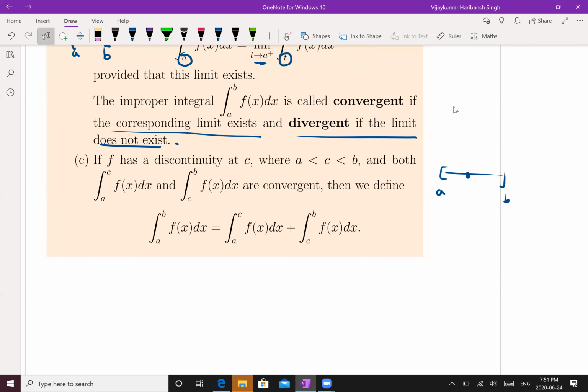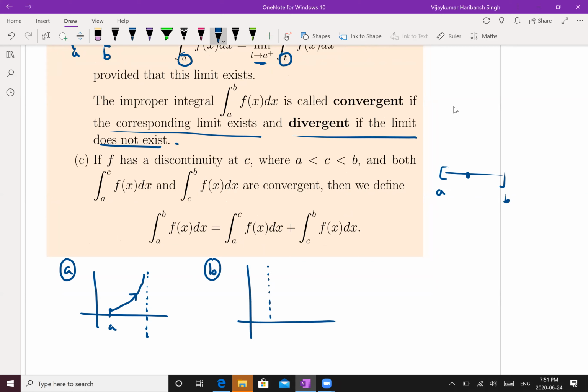So for the first scenario, you have the integral from a to b, and you have an asymptote like that. For scenario B, we have a discontinuity of this form. There's some value at this point. This is b.